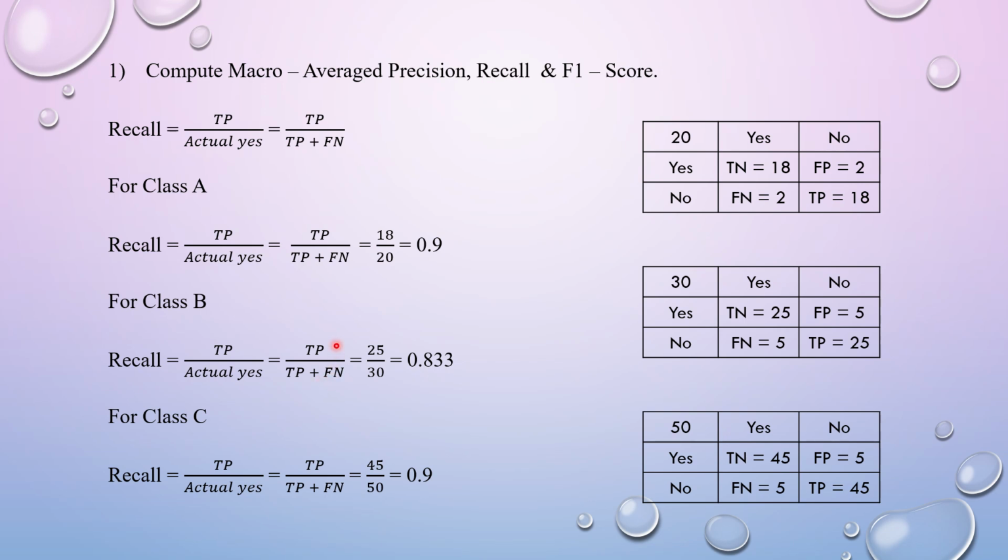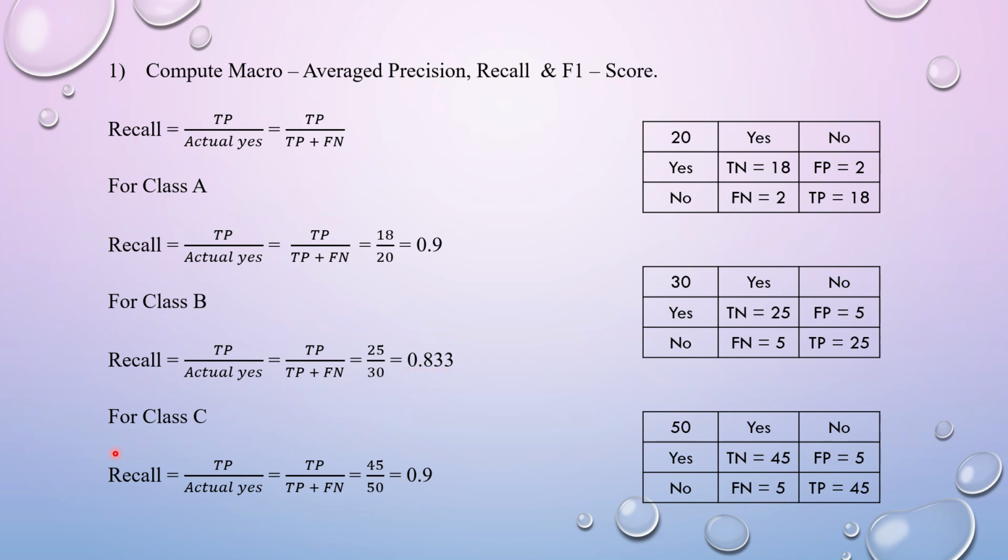So here for class B, TP is equal to 25 and FN is equal to 5. TP plus FN is equal to 30. So 25 divided by 30, which is equal to 0.833. So recall for class B is 0.833.